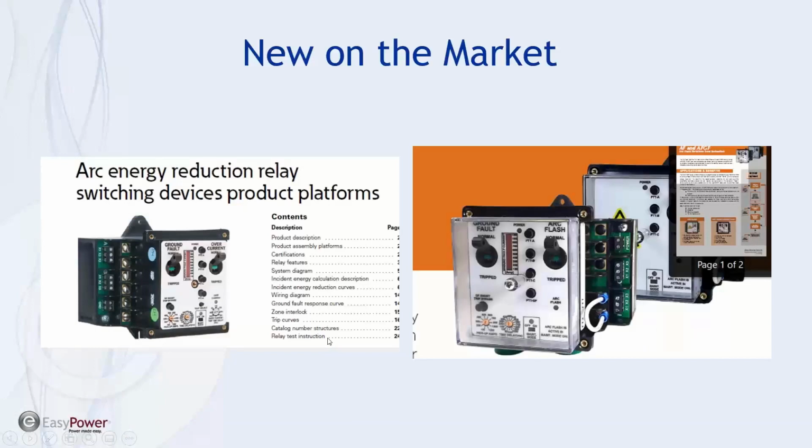So some examples of some of the new equipment that's showing up on the market include the capability of not only doing energy reduction through these different methods based upon relays that are included, but also have the ability to include ground fault protection.